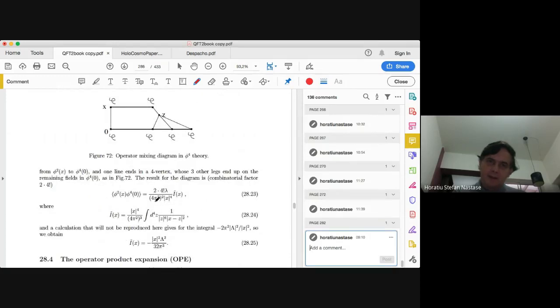So I divide by an extra 1 over 4 pi squared, 1 over x squared. So I get, and then the remaining result I call I tilde of x. Then this I tilde of x is this x to the 4.